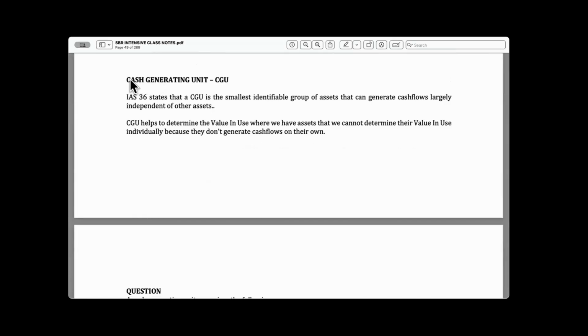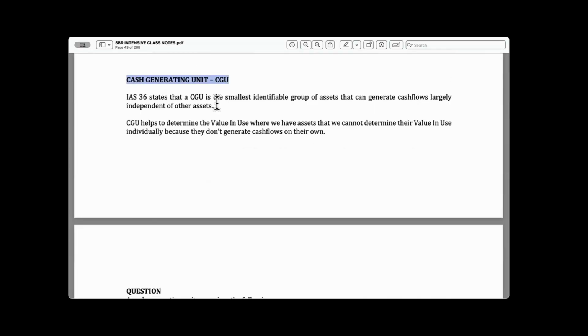Another major one on impairment that we looked at is cash generating units, which is where you have to group assets together in order to get their recoverable amount.